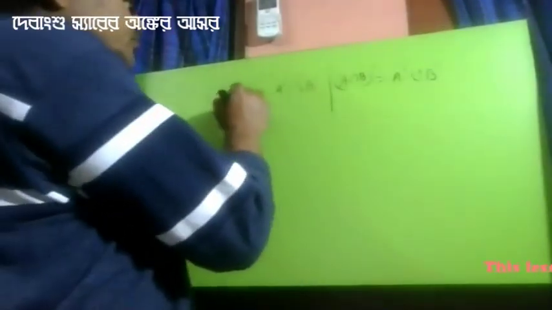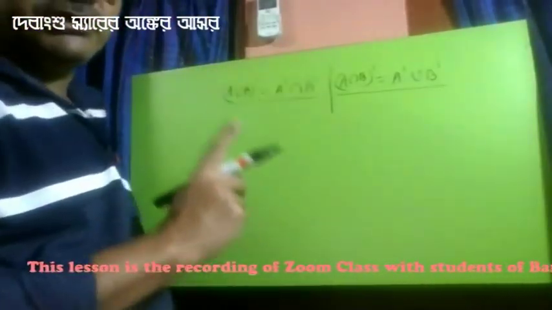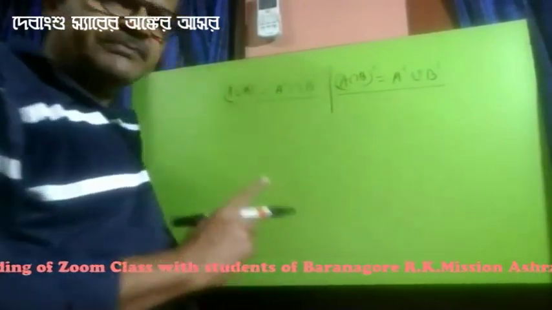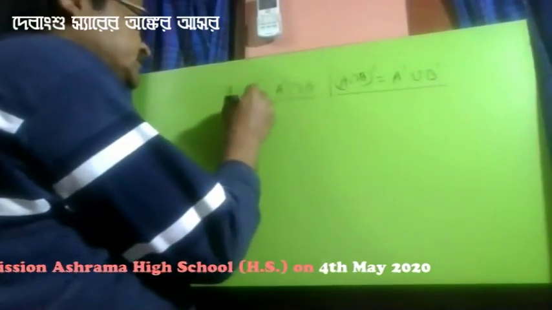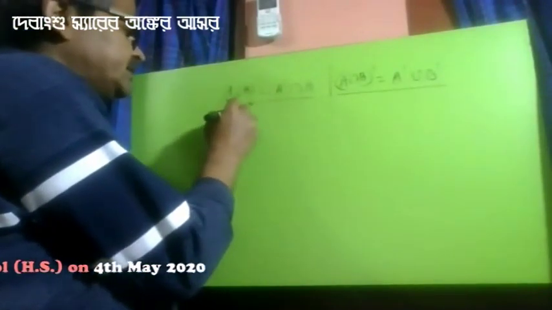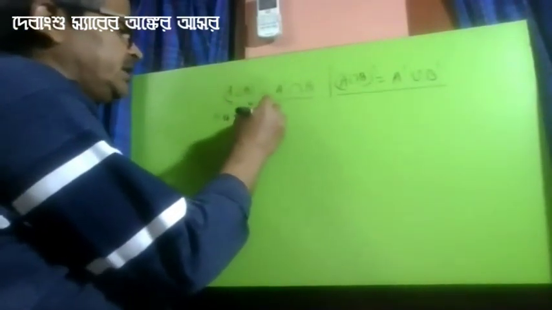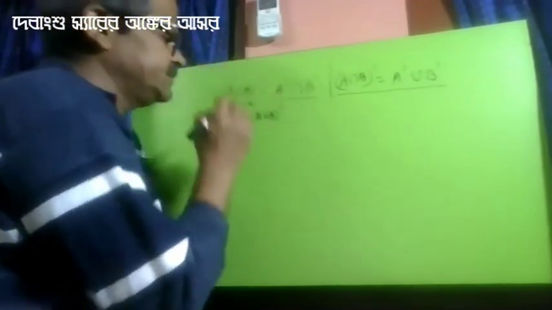Now I am going to prove these two. Out of these two, I will do only one and another you have to do. Let X belong to (A union B) complement.